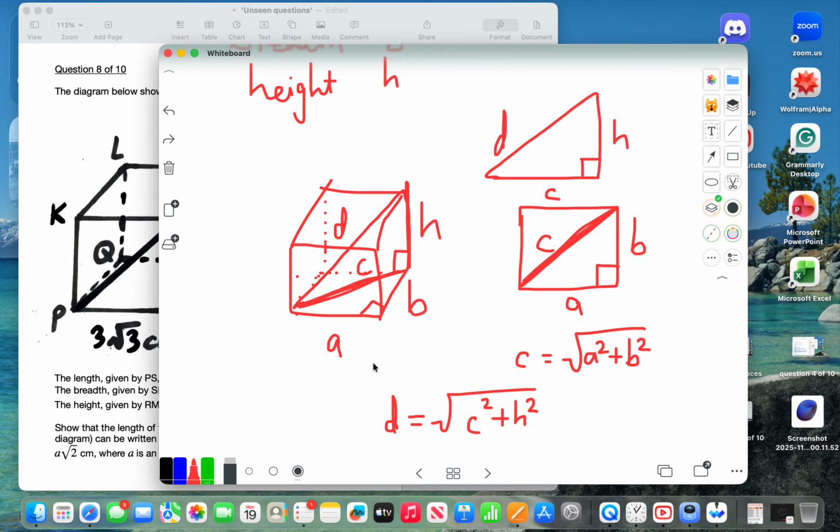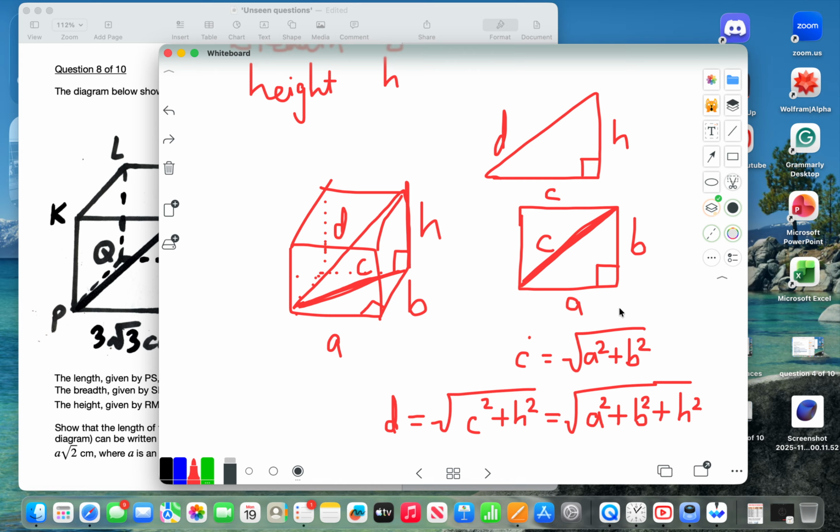But we then find C squared is the square root of A squared plus B squared all squared. So you just cancel out the square root and you get A squared plus B squared plus H squared.